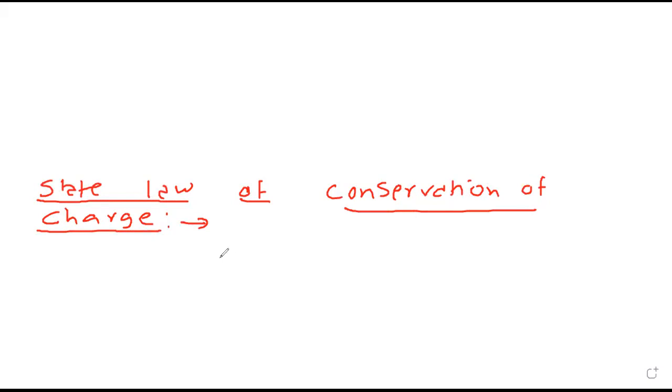Which conservation have you studied earlier? Energy. One more you studied this year: law of conservation of momentum. This is the third we are studying, the law of conservation of charge. Conservation means what?